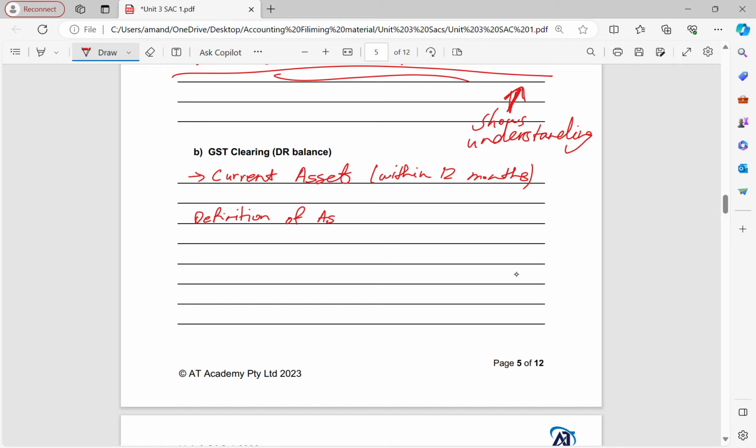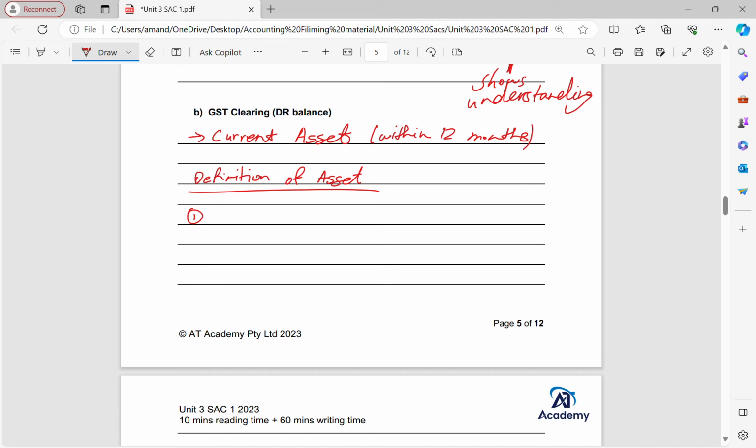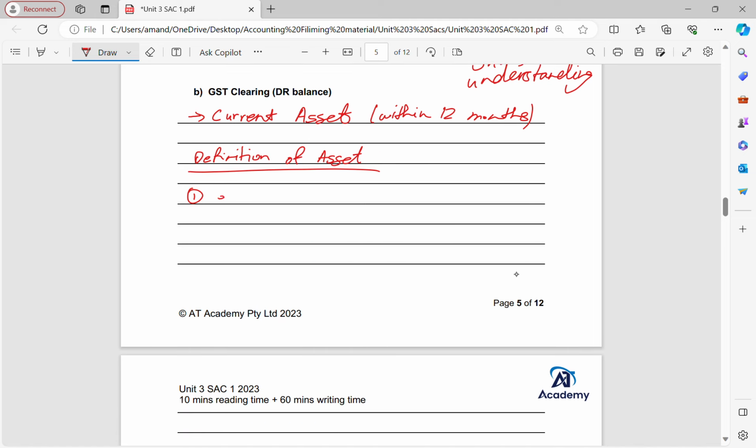I'm going to make it quick, with some keywords. Present economic resource controlled by the entity. That's another key thing to say in your answer.